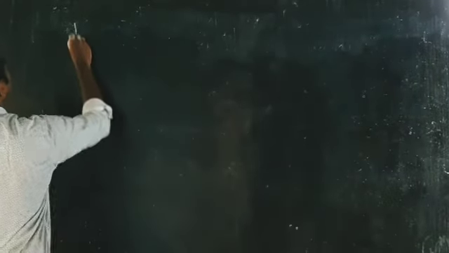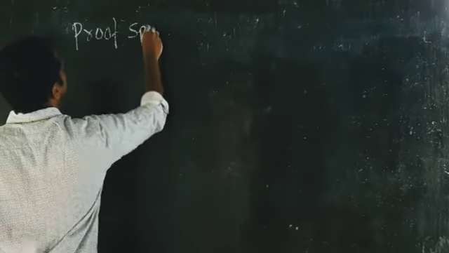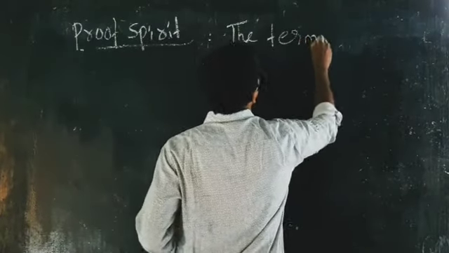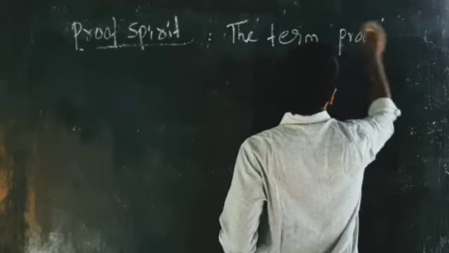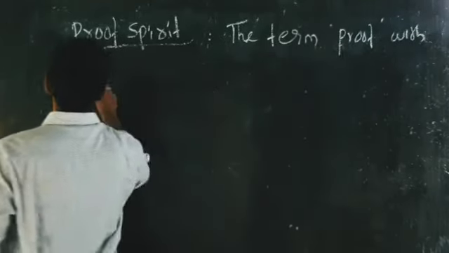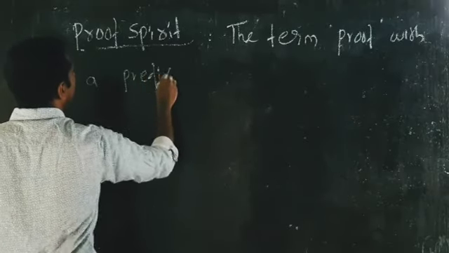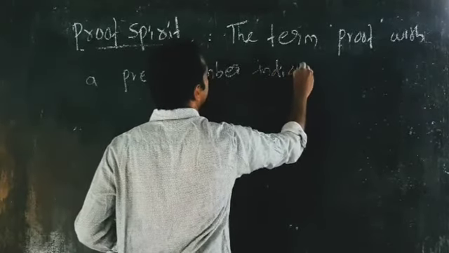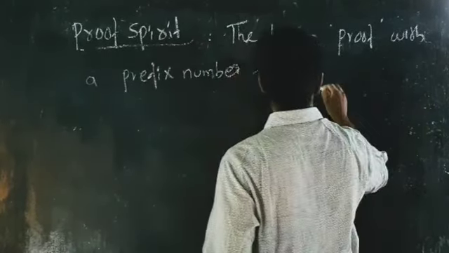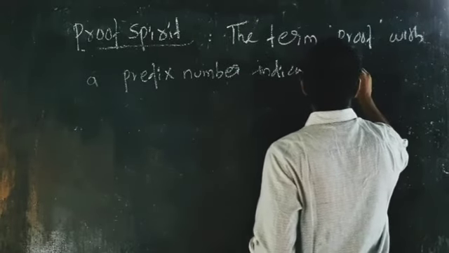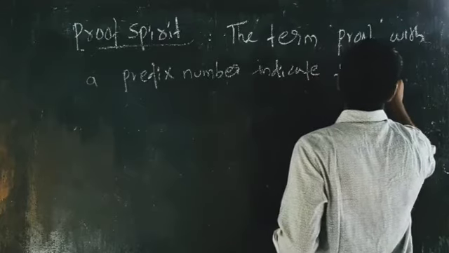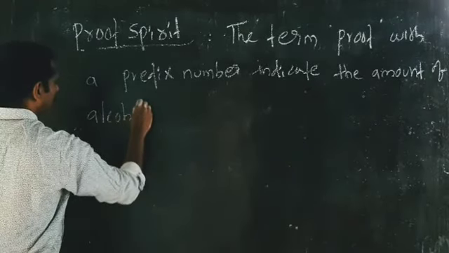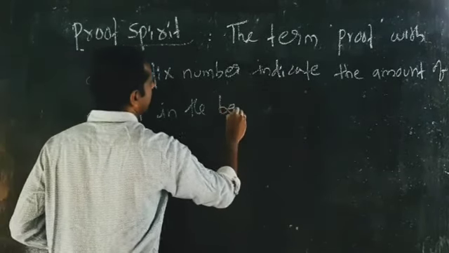Next is proof spirit. Look here. The term proof with a prefix number indicates the measure of the amount of alcohol in the beverage.